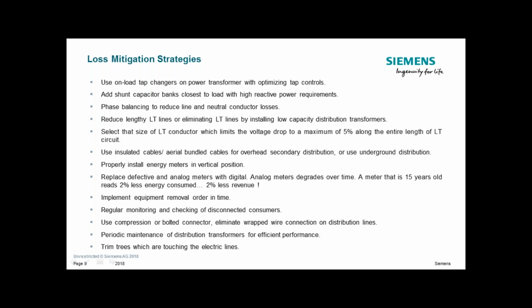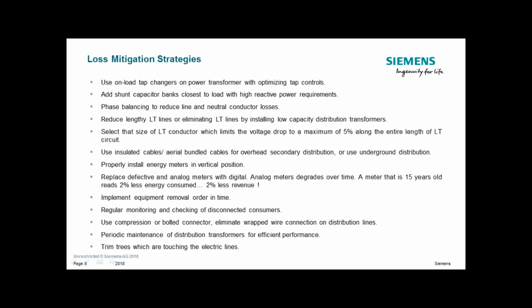Then you can also use bolted connectors and eliminate wrapped wire connections, because if you have a loose connection, it will cause arcing, and arcing current will cause losses in the distribution circuit. Then you also have to make sure that maintenance of distribution transformers is done periodically, because the condition of the oil has to be proper, as it will reduce the heating effect within the transformer, and heating will cause losses in the distribution transformer.